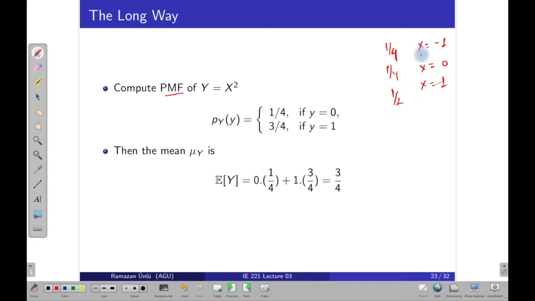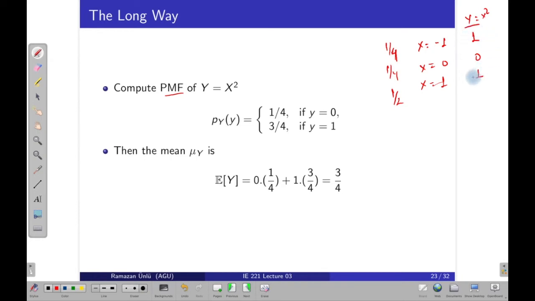So first let's calculate the random variable y. So y, let's say this is the y column, and y is equal to x squared, and this is going to be 1, this is going to be 0, and this is going to be 1.